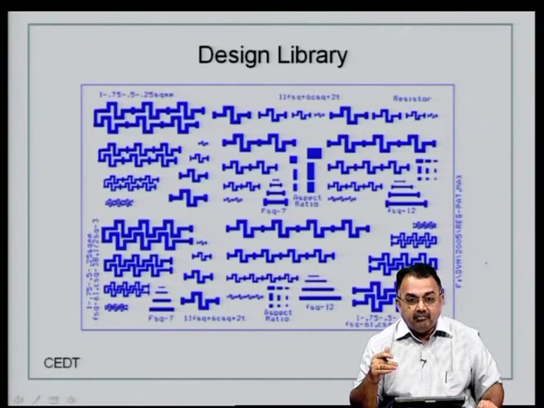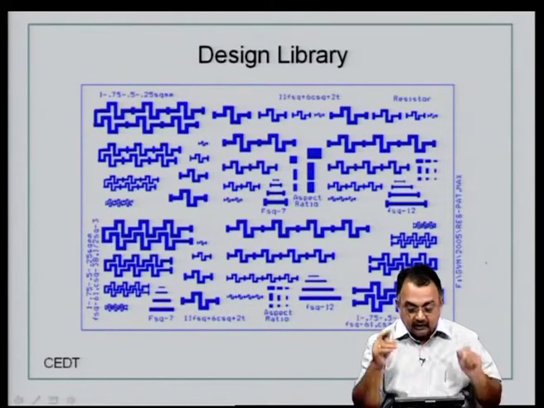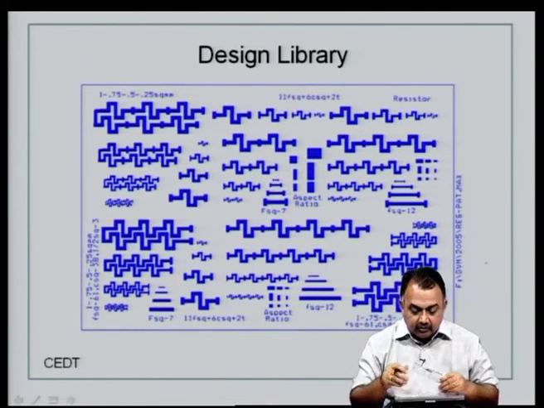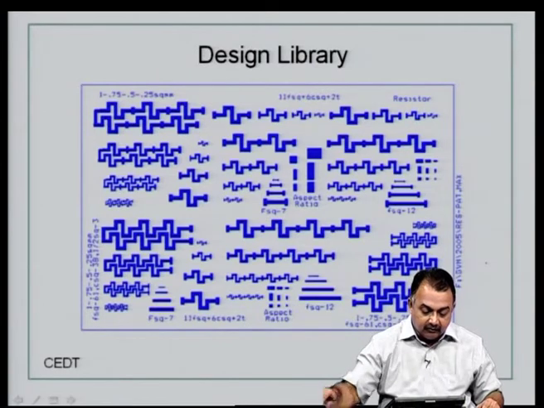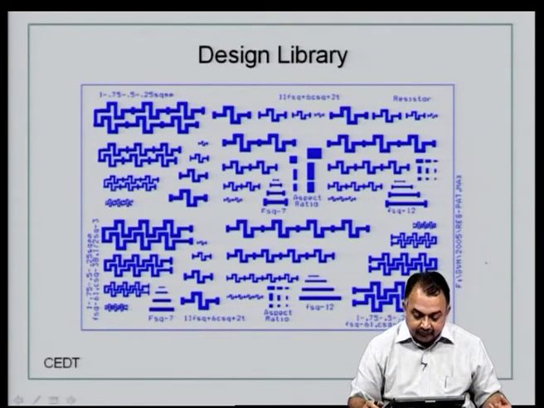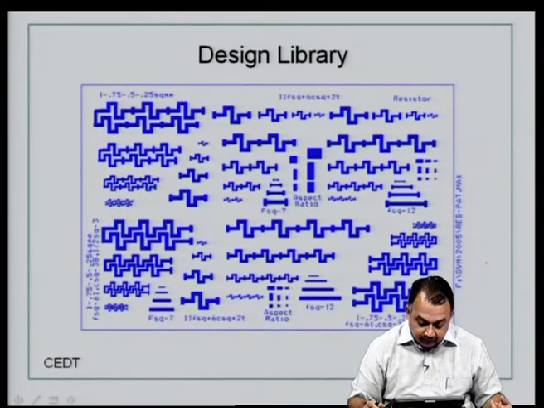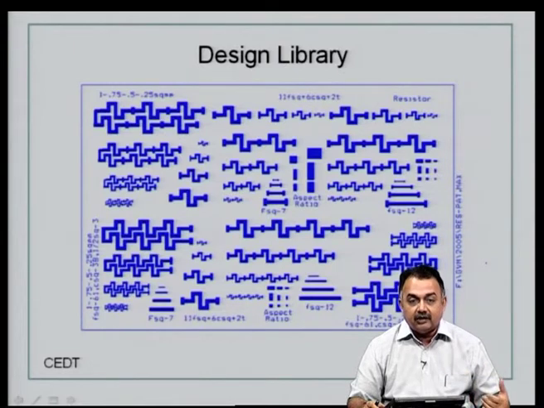So, this is what I meant when you can think about having your own design library, right. For example, this is a library of the resistors that in CDT we have generated, and because we know what kind of sheet resistivity resistor material that we are using.